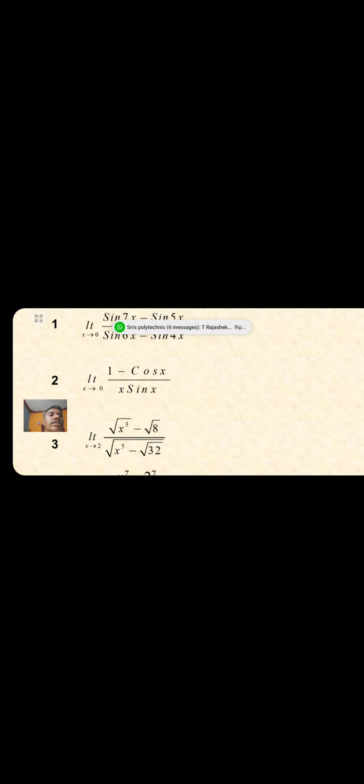In the same way, root 8 means 2 power 3 by 2. Like that, the denominator also. So then it is in the standard form, then you can apply and write the value.